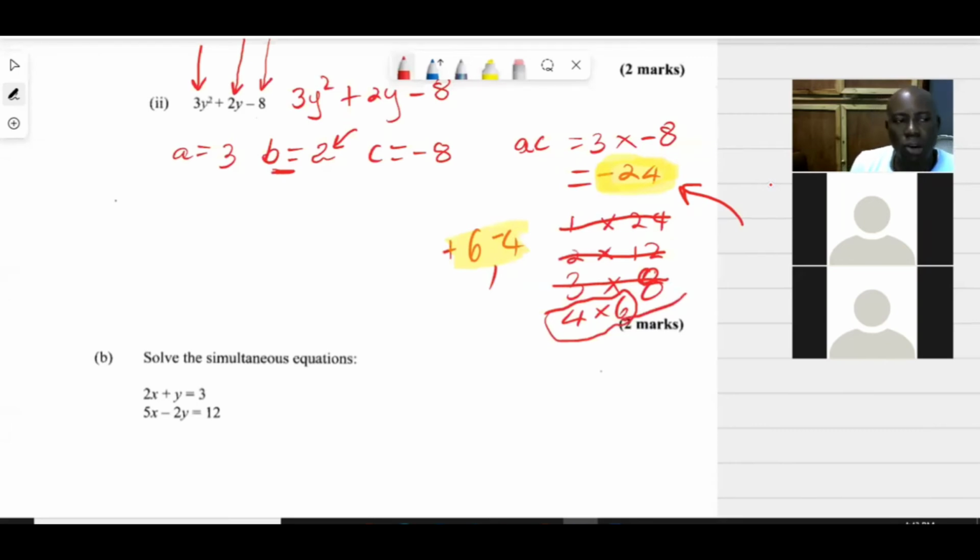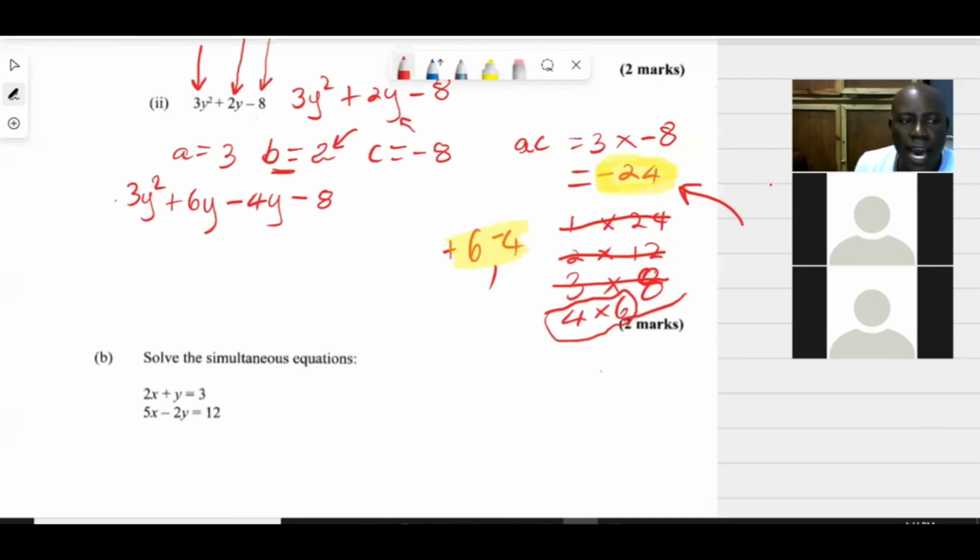So let's set it up now to go. 3y squared plus 6y. The two numbers we find will go in the middle and it will take on the y term, this term. So 3y squared plus 6y minus 4y minus 8. So this is where we are right now.